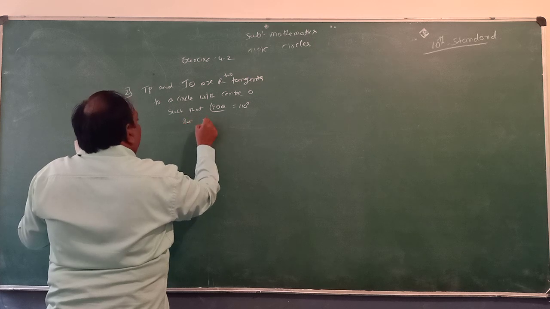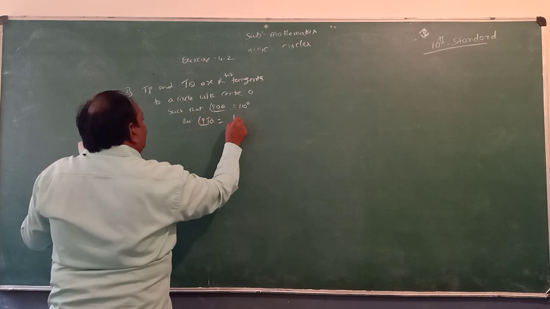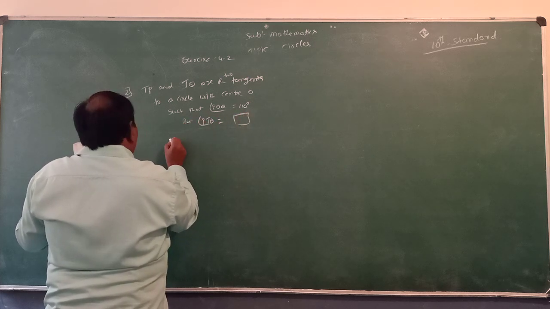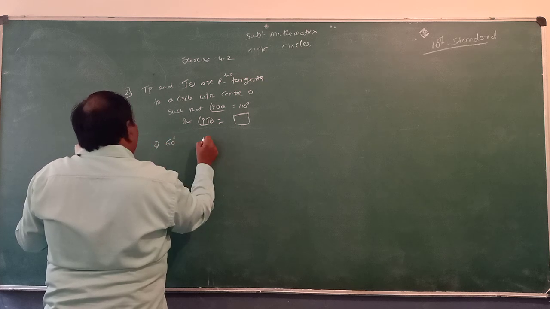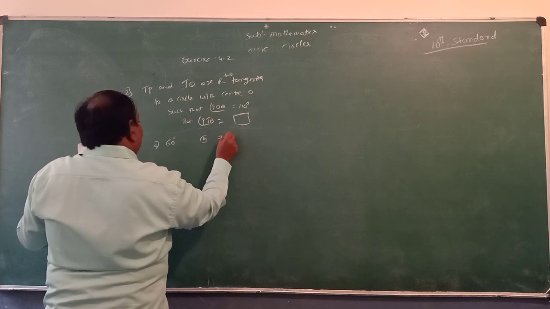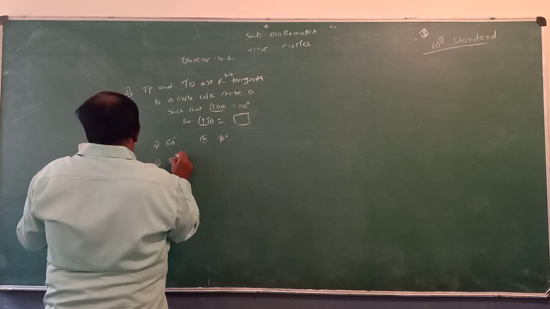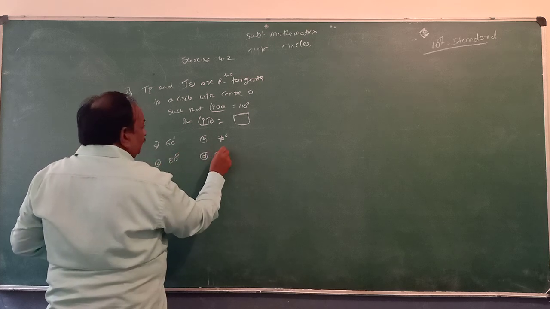Then angle PTQ is equal to dash. Your answers: option A 60 degrees, option B 70 degrees, option C 80 degrees, option D 90 degrees.